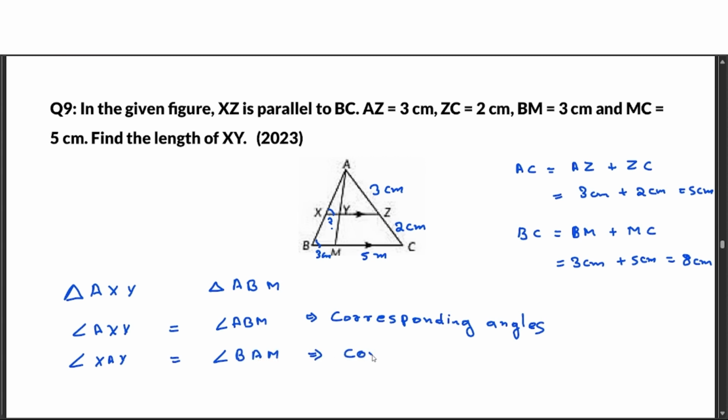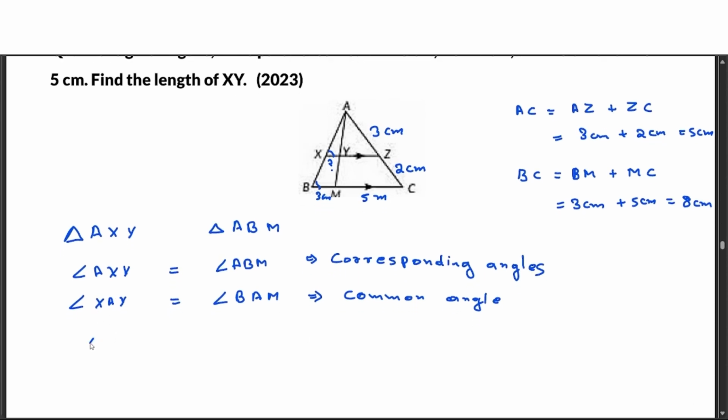Okay, so now based on that, you can see the two conditions of angles have been proven. So therefore triangle AXY is similar to triangle ABM, and by the criteria, by triple A. Okay, clear?